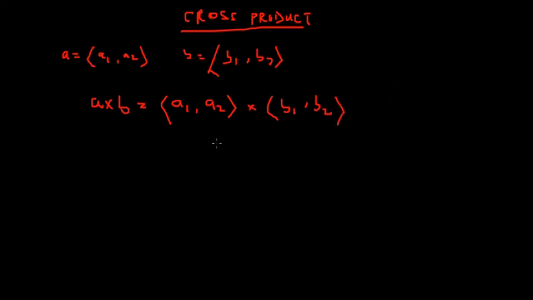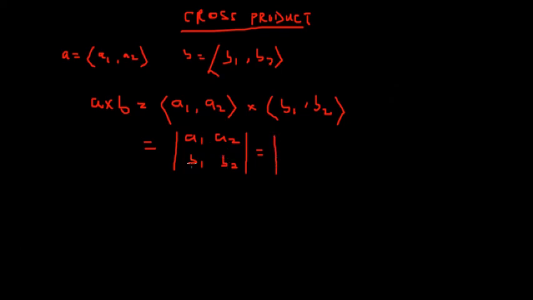Unlike the dot product, where you just multiply the corresponding variables and then add, for the cross product you use the determinant. So you have A1, A2, and then B1, B2. Try to understand the determinant because you'll be using it throughout your matrix algebra.